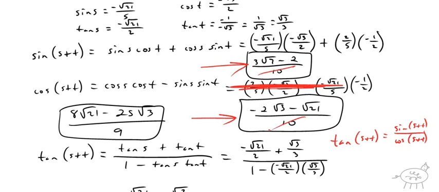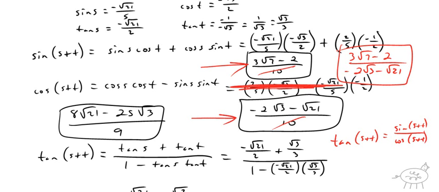And you wind up getting 3 root 7 minus 2 over negative 2 root 3 minus root 21. So you could work from there and rationalize. You multiply by negative 2 root 3 plus root 21 over the same thing, and you rationalize it.